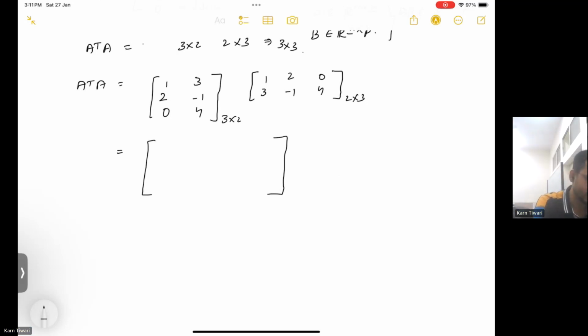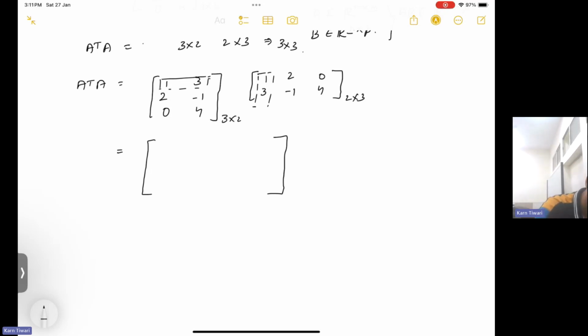So how do we carry out the matrix multiplication? You need to multiply each row of the first matrix with each column of the second matrix. That is how we calculate the matrix multiplication.